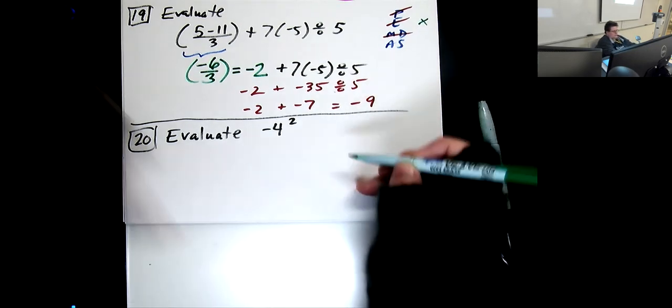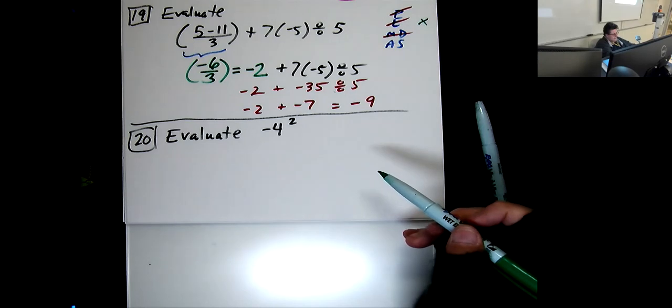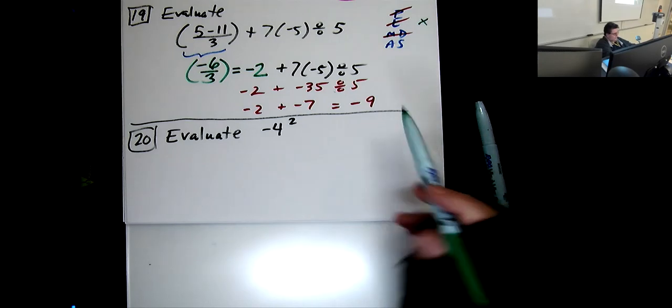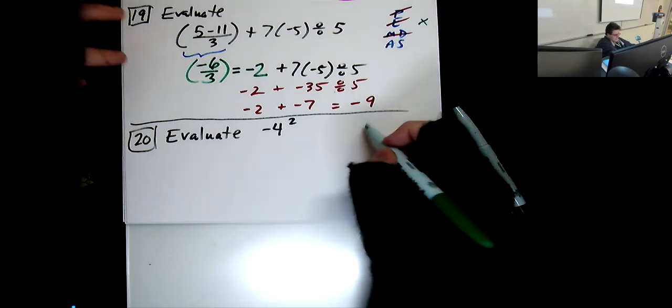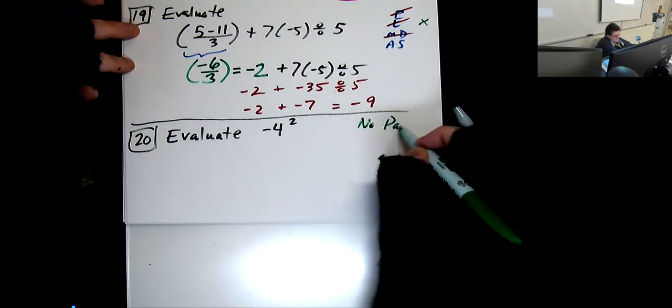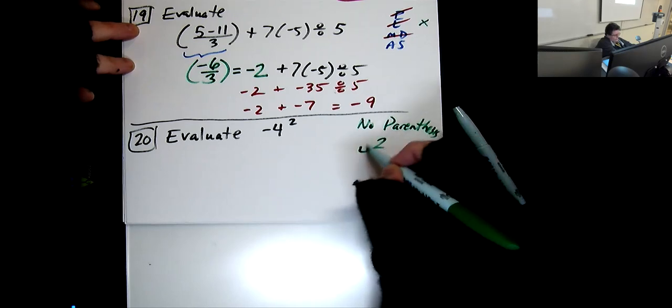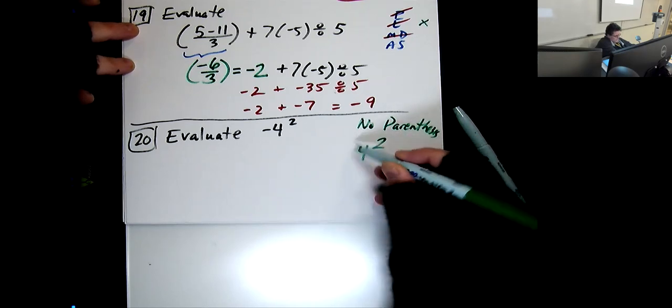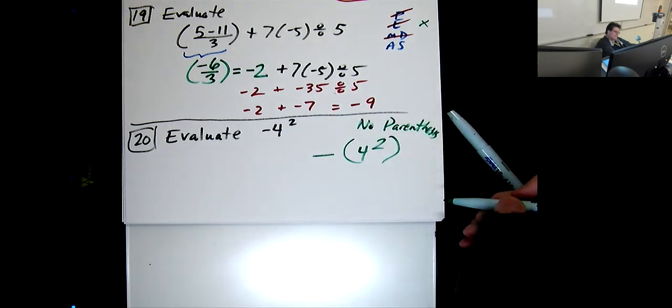All right, so when we evaluate these, if there are parentheses, we include the square on the negative. As it is though, there are no parentheses, so the square is only on the 4. And we do the negative last, so I'm gonna write it like that.